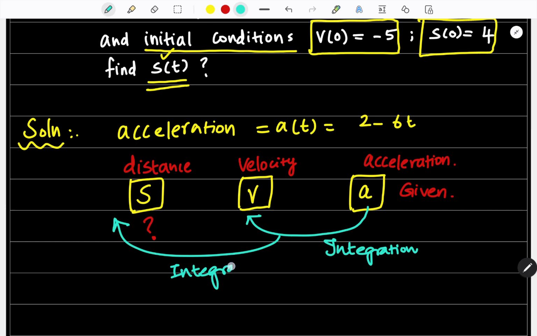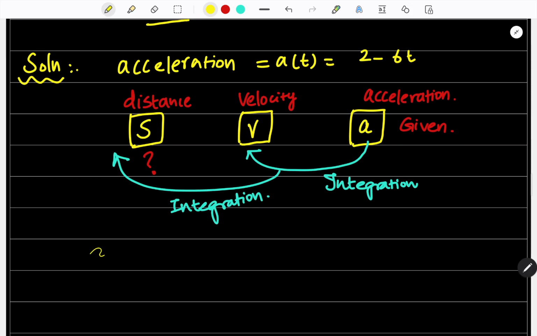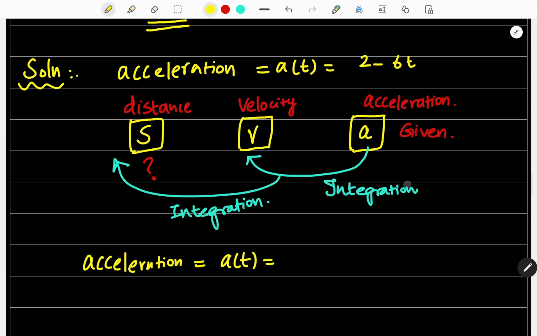Such a nice idea, right? Yes, every day we are using this in our life: distance, velocity, acceleration. So we are going to integrate. Now acceleration is given, a of t, which is equal to 2 minus 6t.